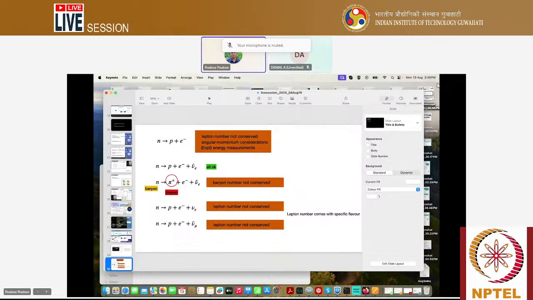It tells you that initially there is one baryon number, finally there is one baryon number, and lepton number is 0 because e minus and nu bar have opposite lepton number, so it's okay.